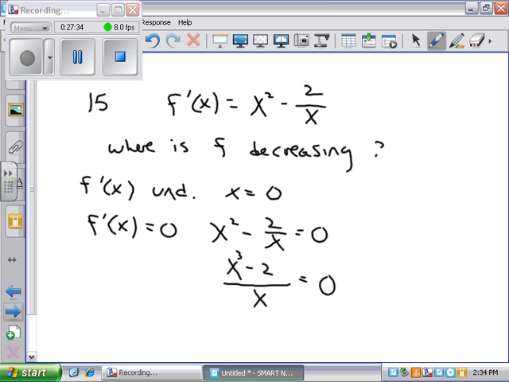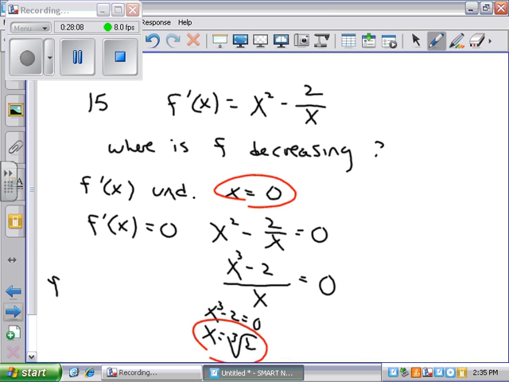Either way, you're going to wind up with x cubed minus 2 equals 0 for the numerator of the derivative to be 0, which would make this 0. You had to get it to be a nice little equation here. So this is going to equal 0 when x equals the cube root of 2. So we have 2 critical values, 2 places where the first derivative could change sign.